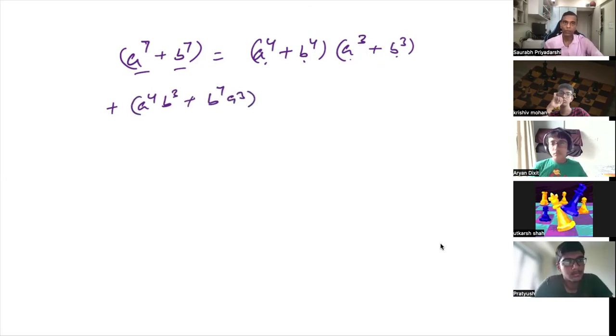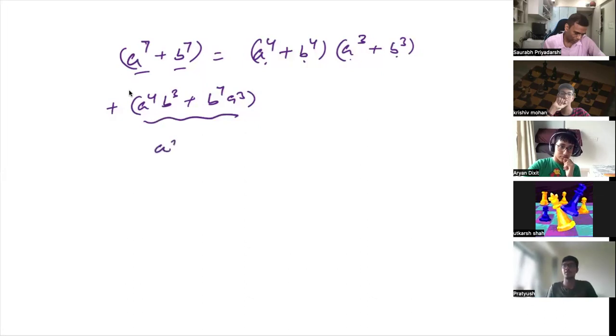Someone used a different way: (a square plus b square) the whole cube.